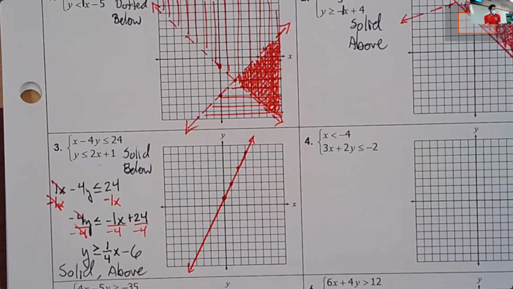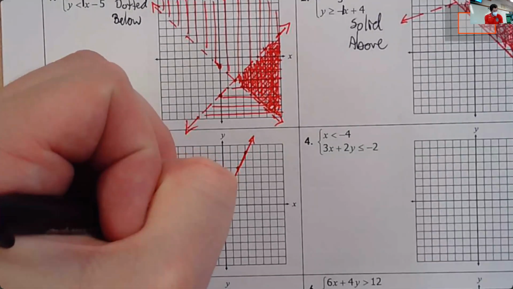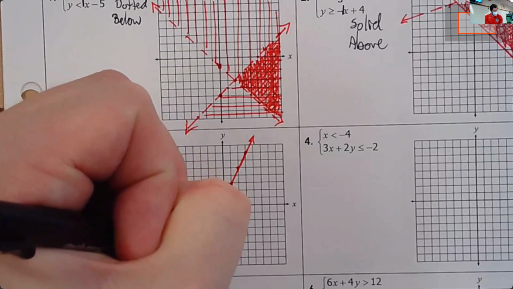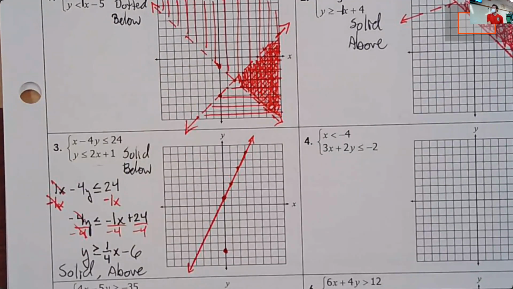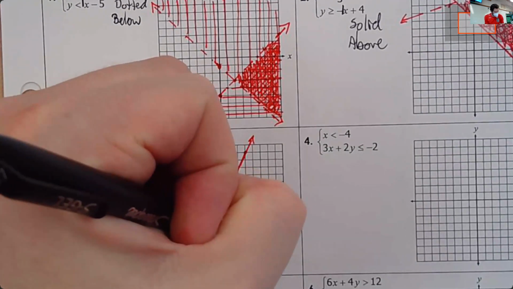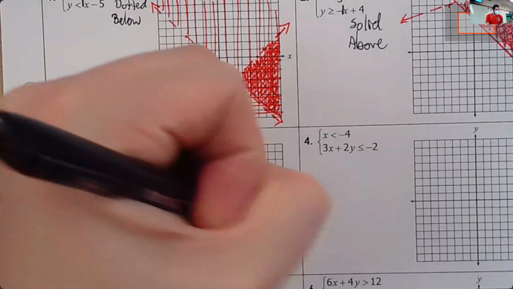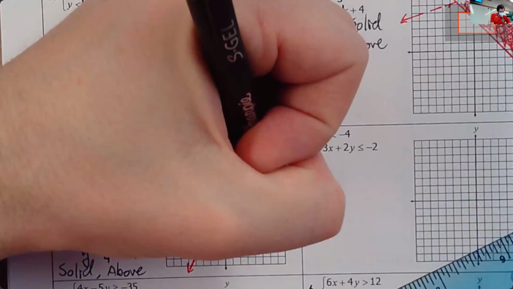And then the other one is 1/4 x minus 6. So we're going to start at negative 6, right down here. And then we have a slope of 1/4. So up 1 over 4, up 1 over 4. And that's also a solid line.